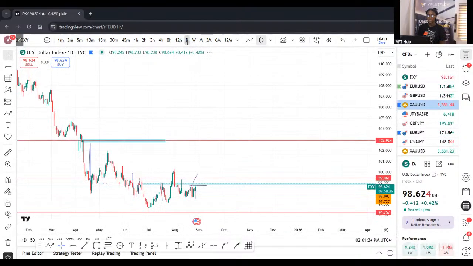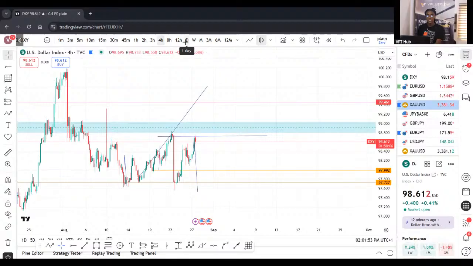Coming down to the daily time frame, I have quite a number of points of interest, just one that I want to see price trading into. There's another block at 102.924 that we may see price retracing into before selling all the way.